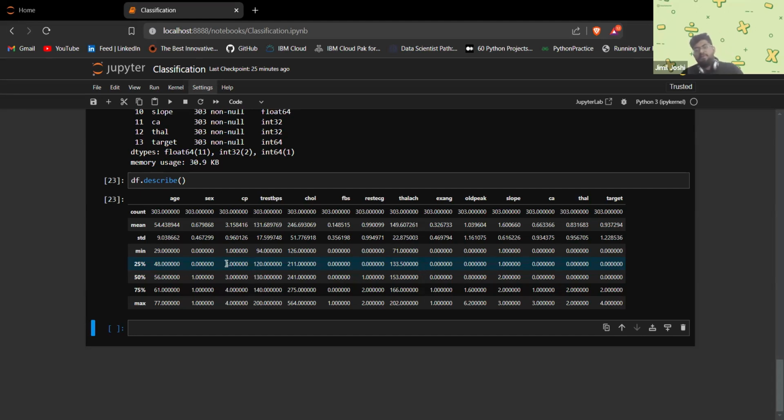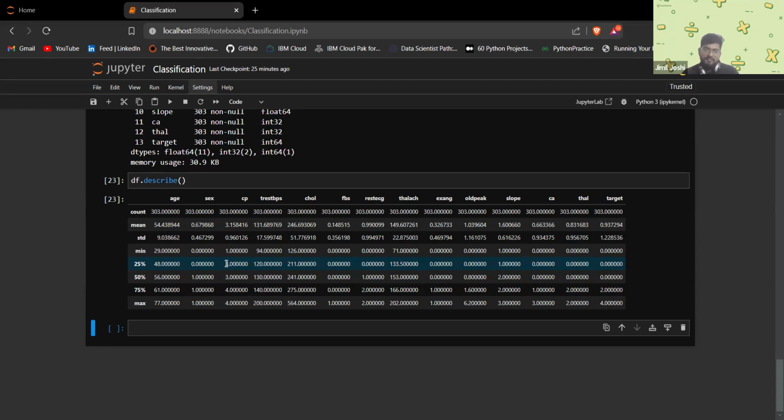Can anyone tell me the difference between mean and median? I'll help you to understand the thing. What is the difference between mean and the median? Both the values. What is mean? Nothing but the average of your data, right?